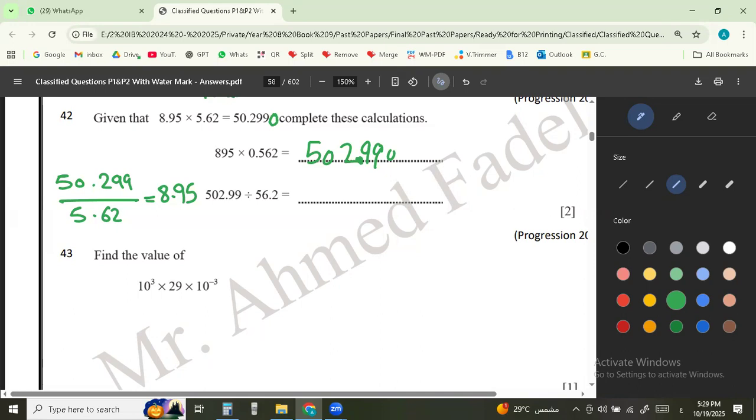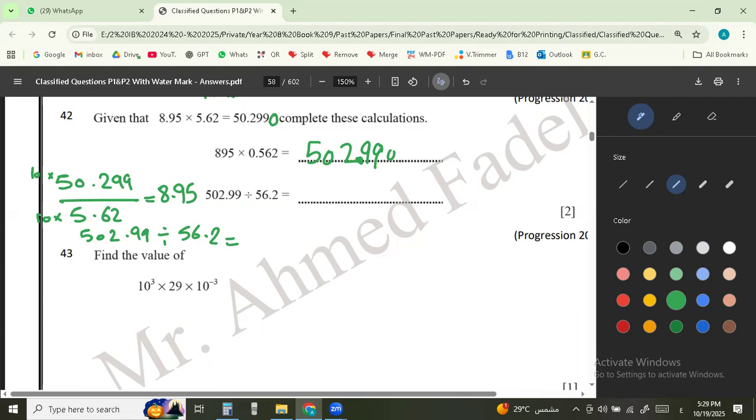Yes, exactly. You know what they did? They just multiplied up and down by 10. Oh, that's going to give us what? An equivalent fraction. This is going to give you 502.99 divided by 56.2. Mister, they are equivalent.